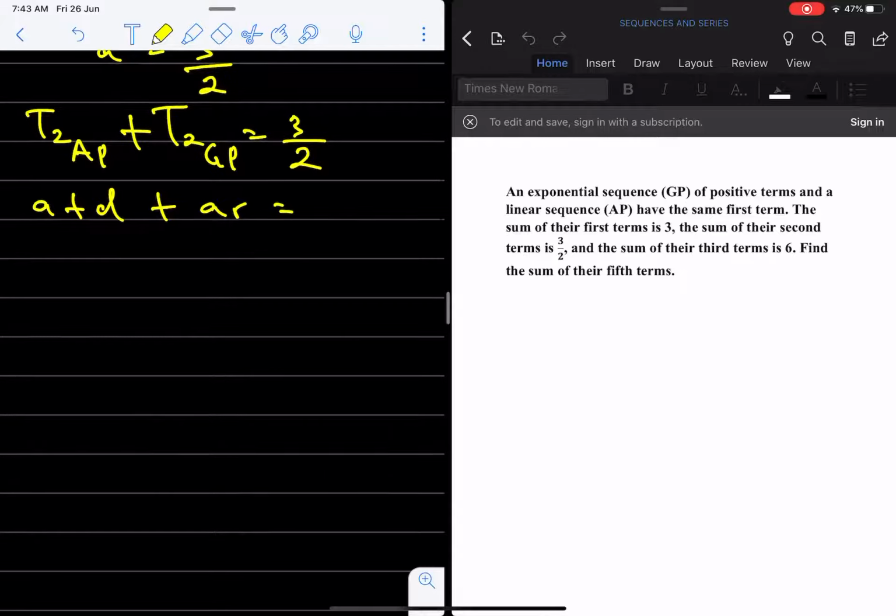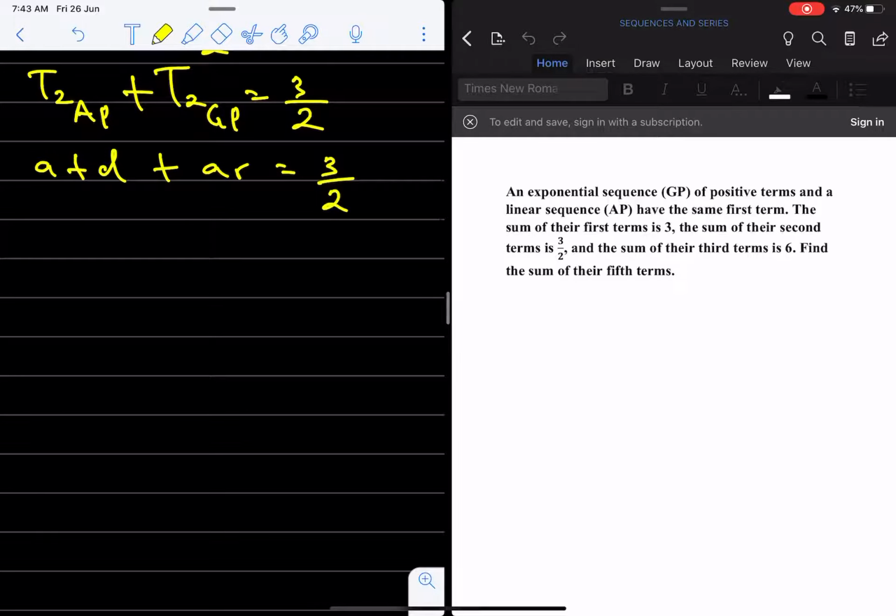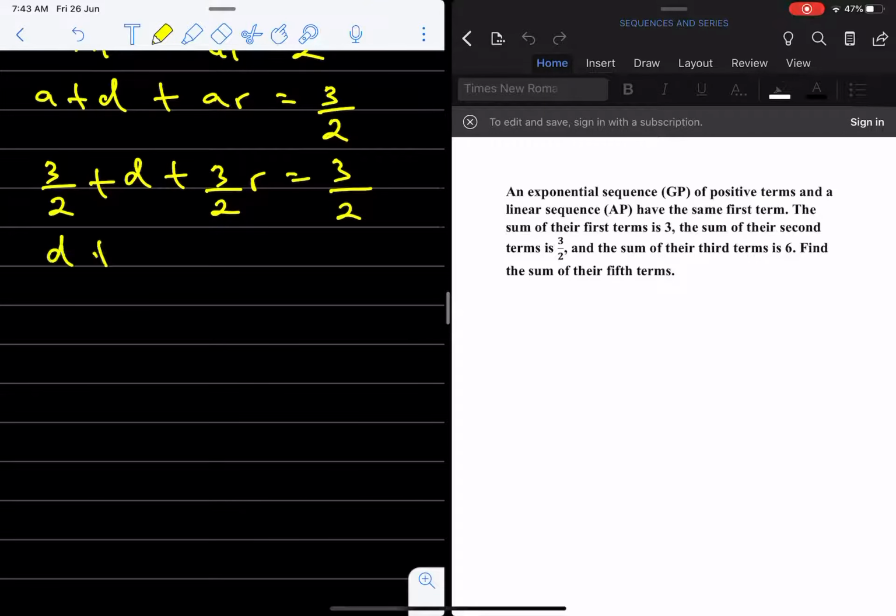That means A plus D plus AR equals 3 over 2. We already know A is 3 over 2. That means 3 over 2 plus D plus 3 over 2 times R equals 3 over 2.